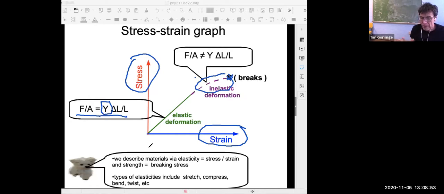So there are actually lots of different types of strain. Let me just try and show you that with a little demonstration. I've actually got the demonstrations in my office today, so I'm just going to stop sharing this if I can.